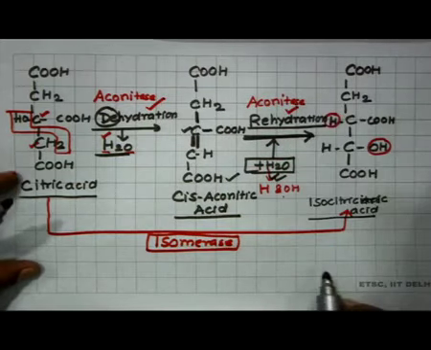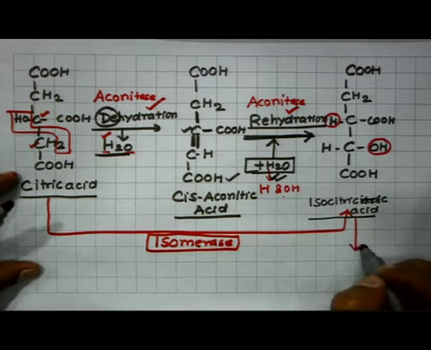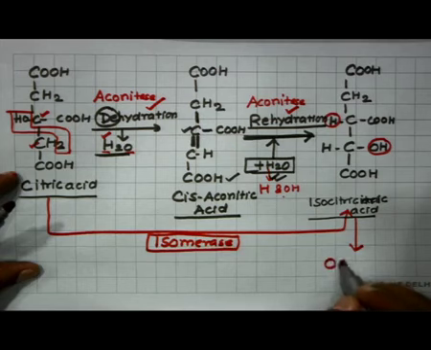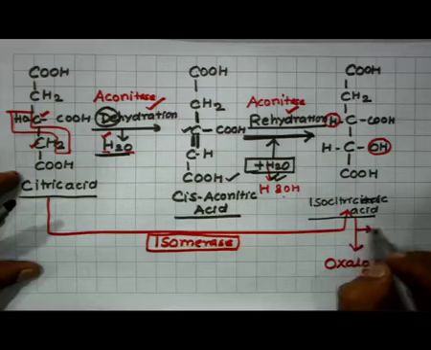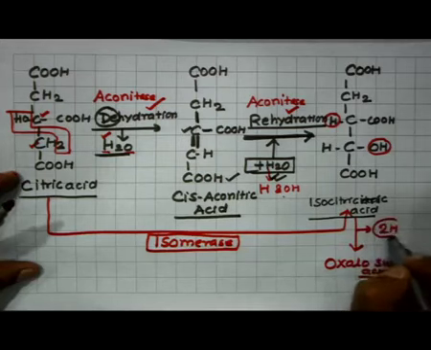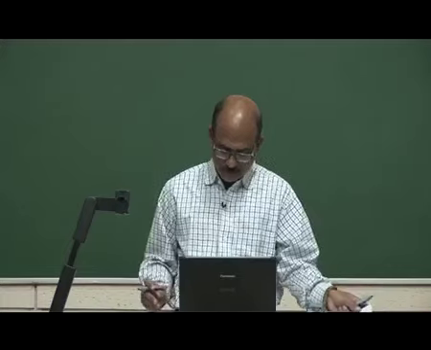Now, the isocitric acid is converted into oxalosuccinic acid. Oxalosuccinic acid. Here is the removal of hydrogen. So, see how this reaction is going on.